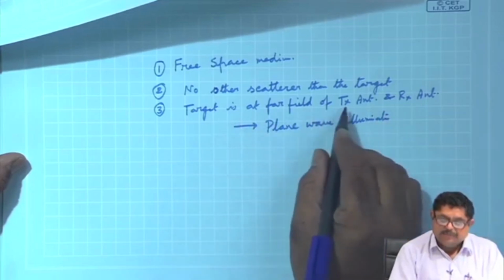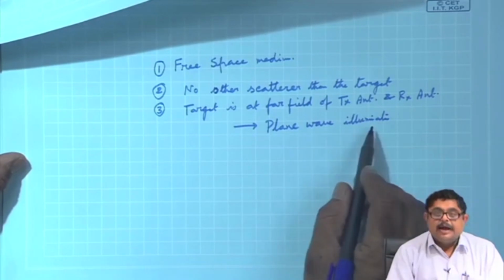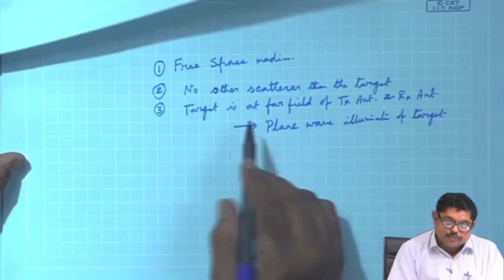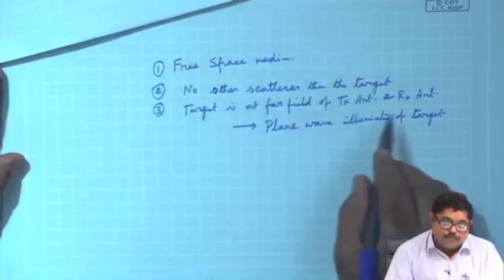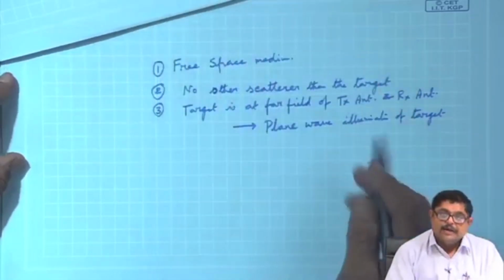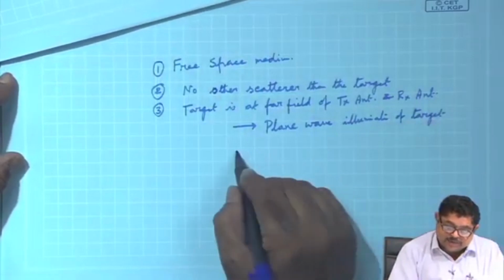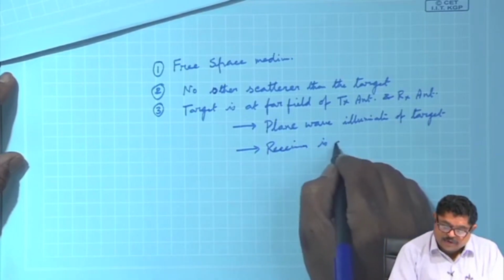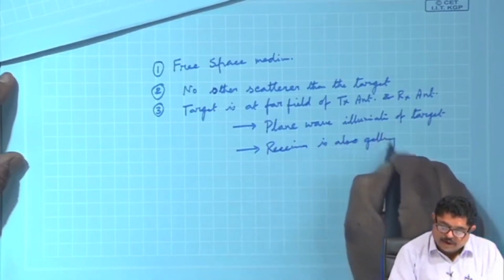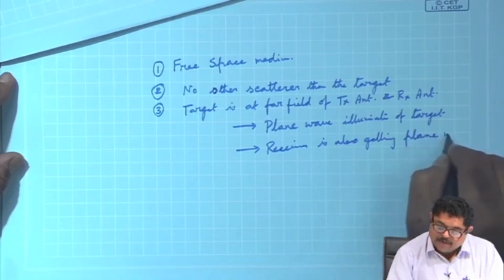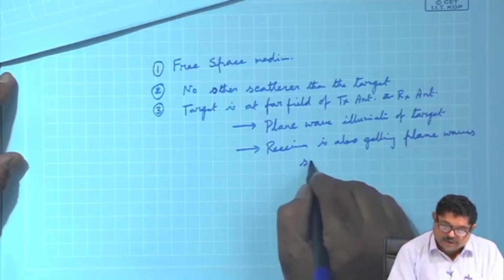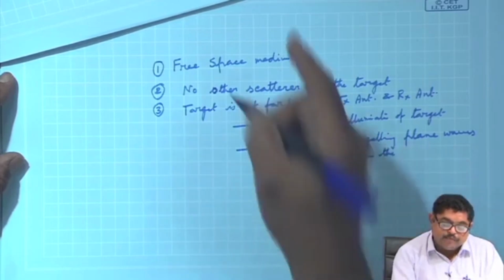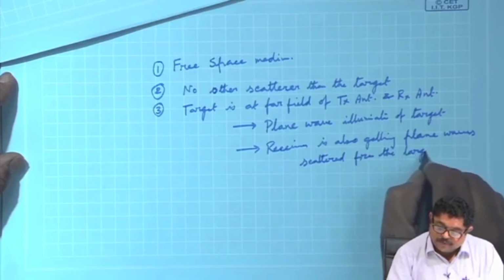The first part, the target is at far field of the transmitting antenna, that gives plane wave illumination of the target, and the second part, the receiver is at a far away distance from the target, that means R2 is very large, that gives that the receiver is also getting plane waves scattered from the target. Okay.